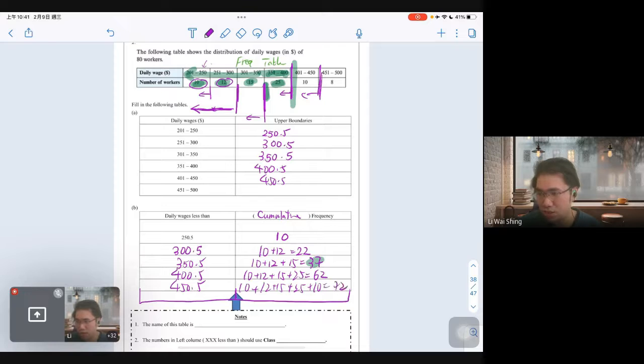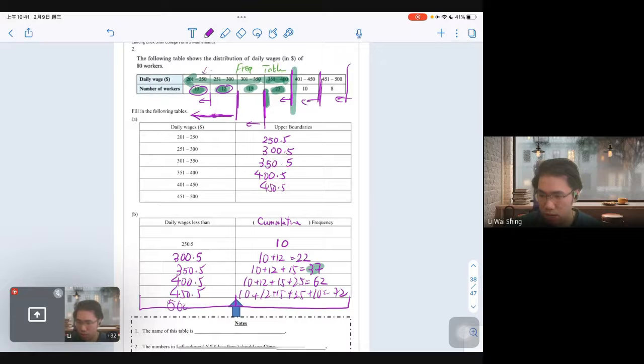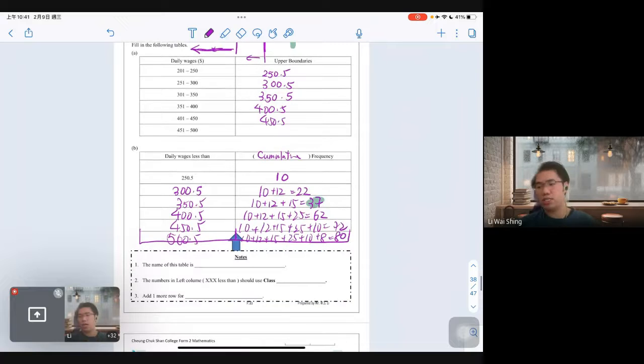So 72. And then the last group 500.5. So 10 plus 12 plus 15 plus 25 plus 10 plus 8. So a total of 80 of them.